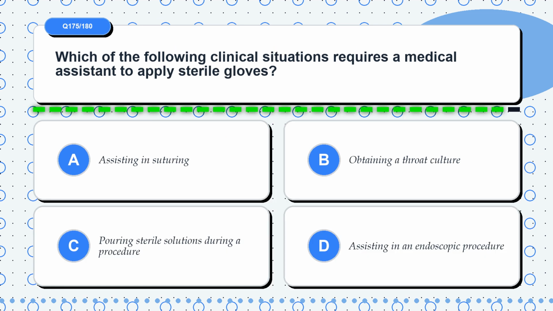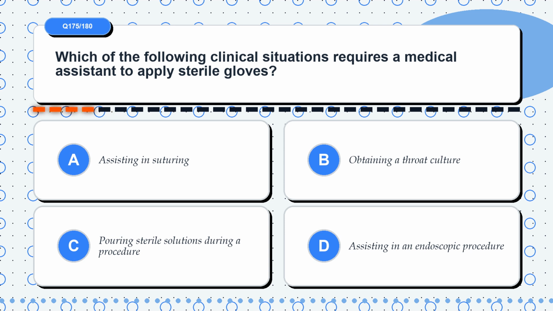Question 175. Which of the following clinical situations requires a medical assistant to apply sterile gloves? Here are the options. Option A, assisting in suturing. Option B, obtaining a throat culture. Option C, pouring sterile solutions during a procedure.